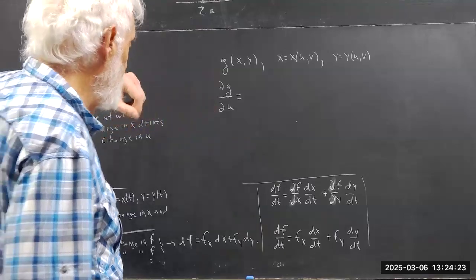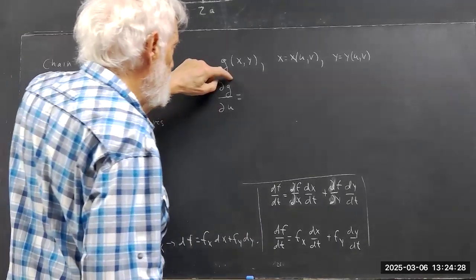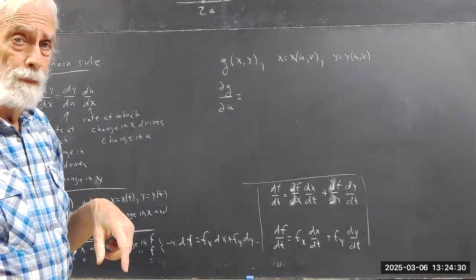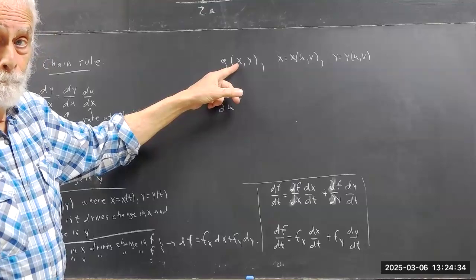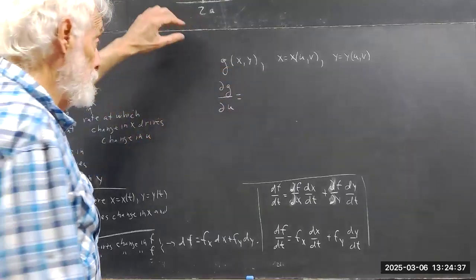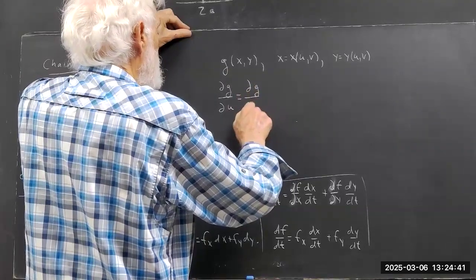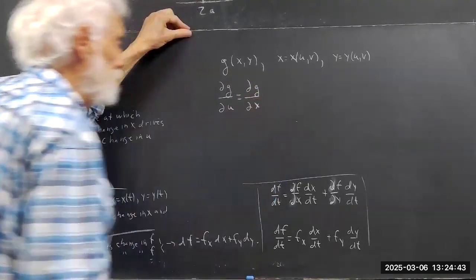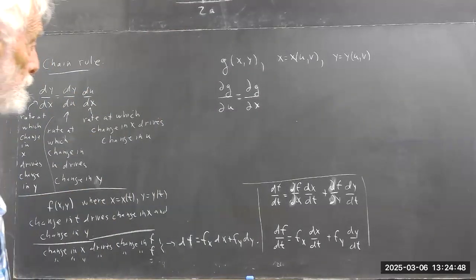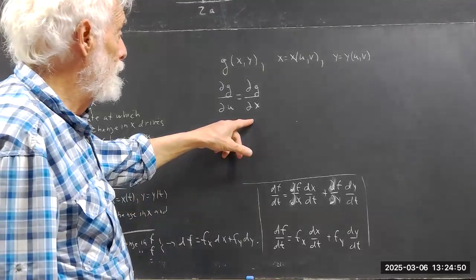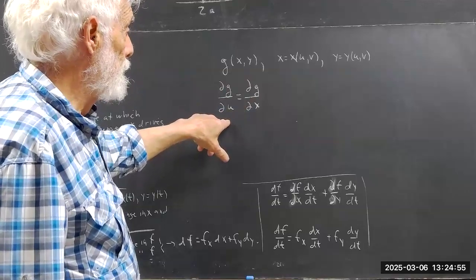Partial of g with respect to u then. Well, what causes g to change? Well, if x changes, g changes, right? So you have to account for how much g changes with respect to x. Okay? But then x changes with respect to u.